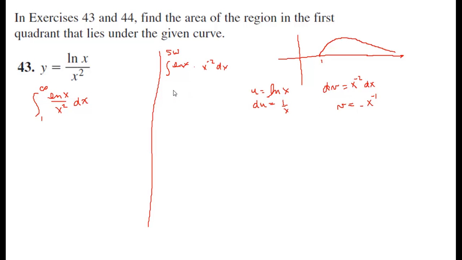And so the rewrite of this is going to be negative natural log x over x minus the integral of negative 1 over x times 1 over x dx. I forgot the dx here.